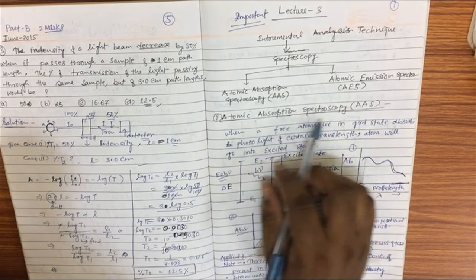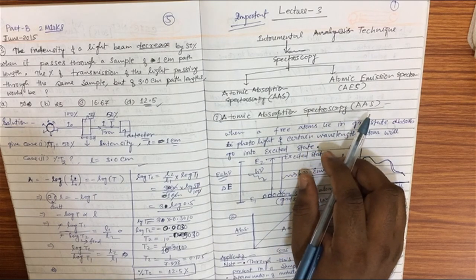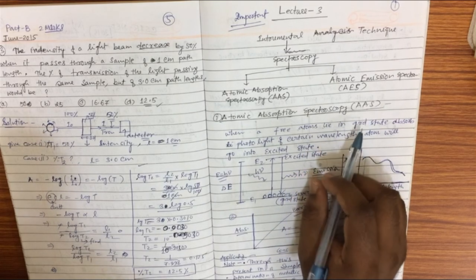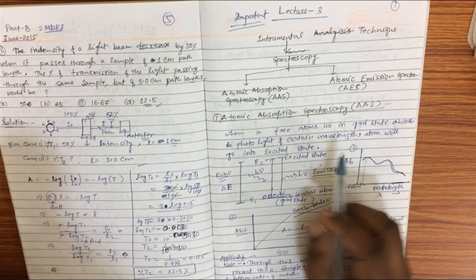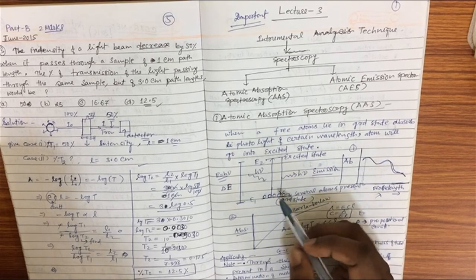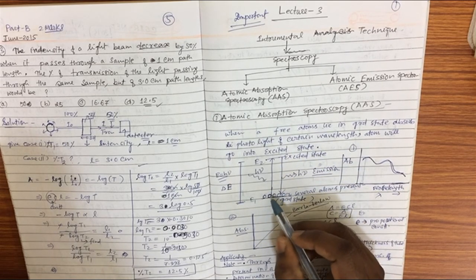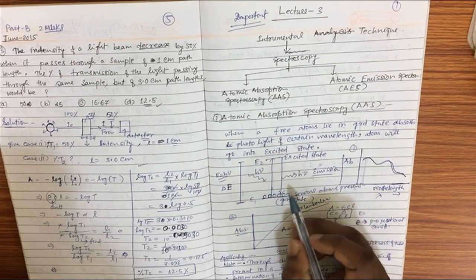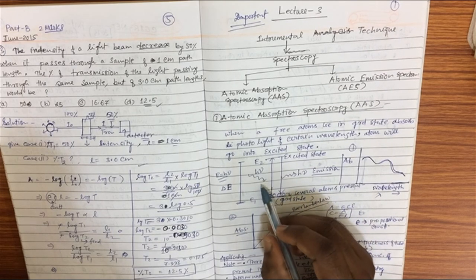What is atomic absorption spectroscopy? It is when free atoms present in your sample in the ground state absorb energy.